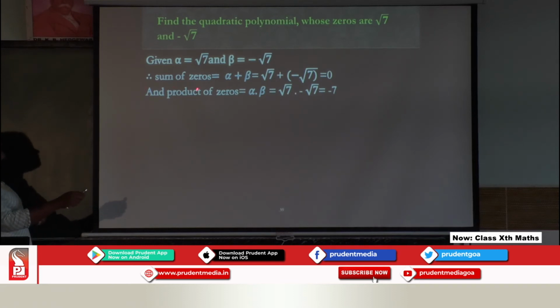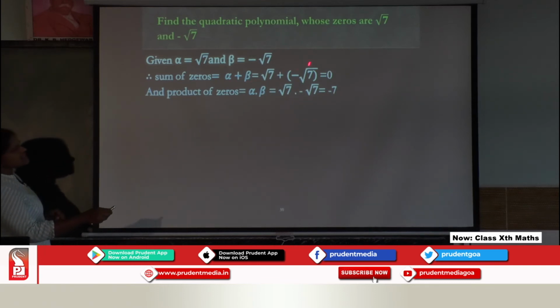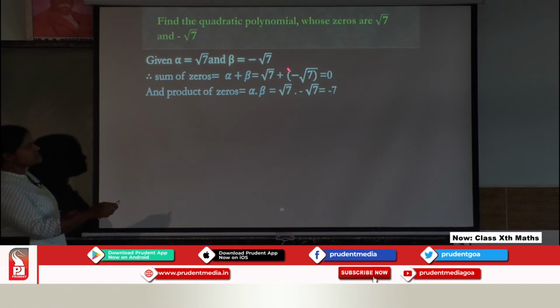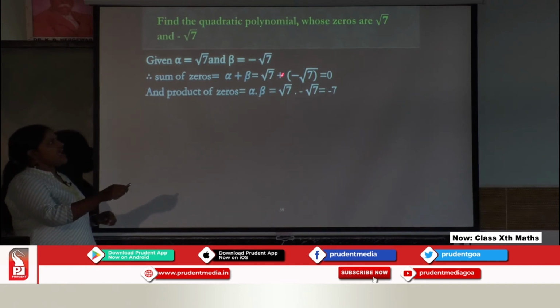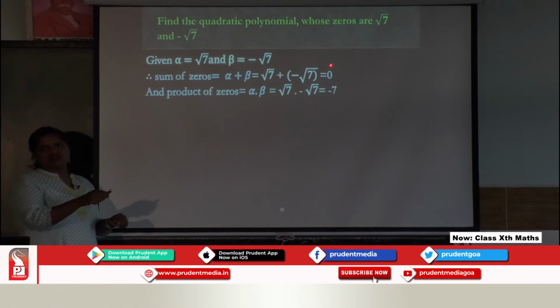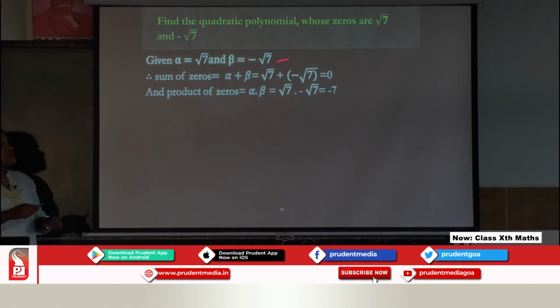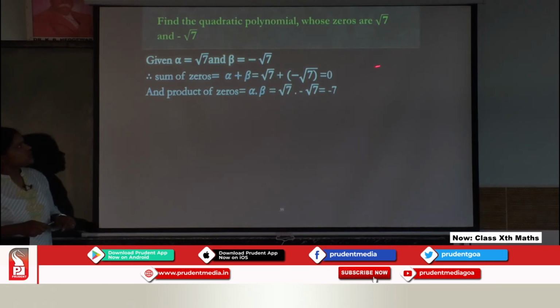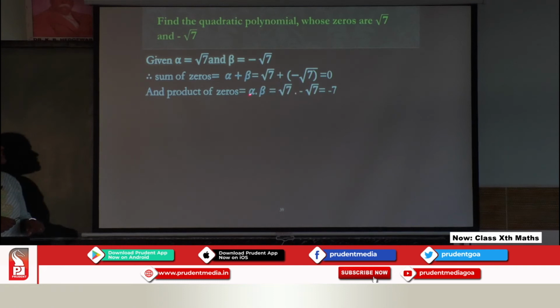Therefore, sum of zeros is alpha plus beta, which is root 7 plus negative root 7. Here this is positive root 7 and this is negative root 7. Whenever you have positive and negative together, when you add them, it will get cancelled and your final answer will be 0.